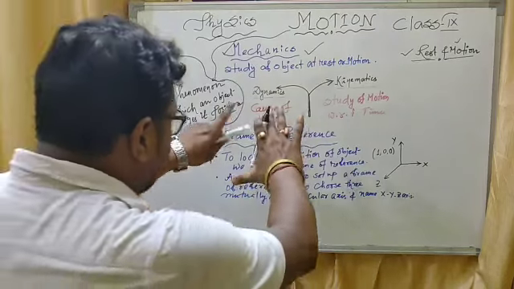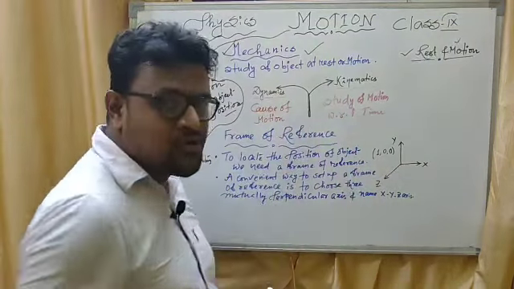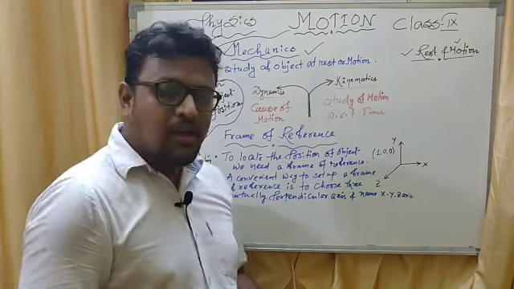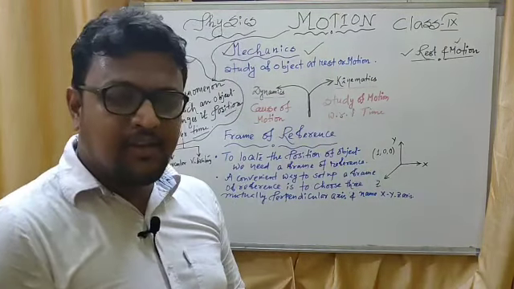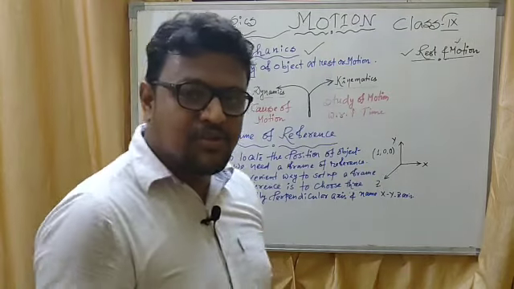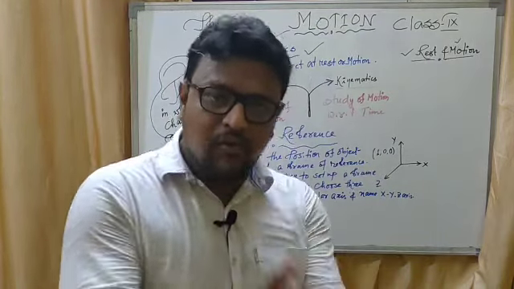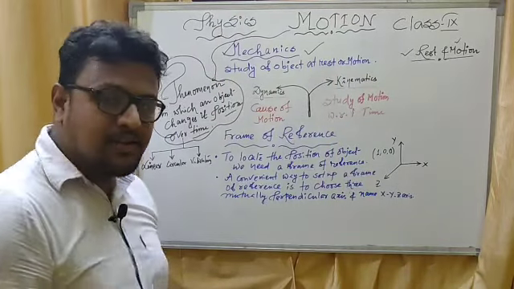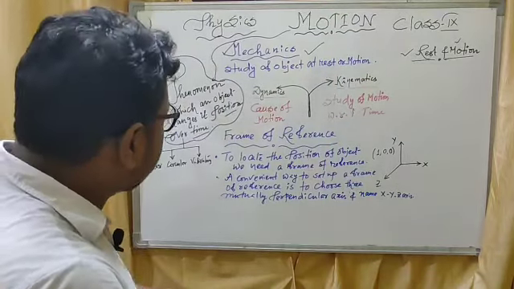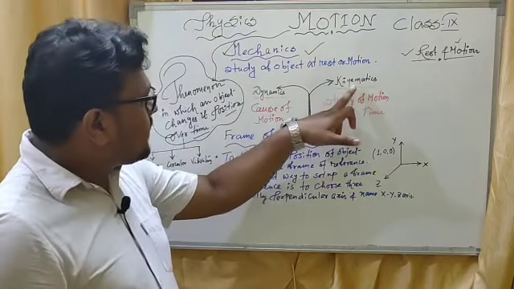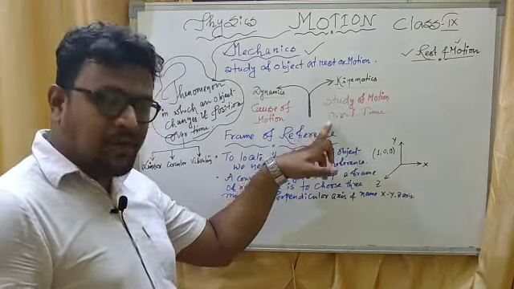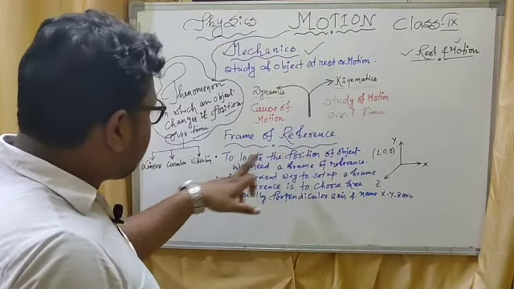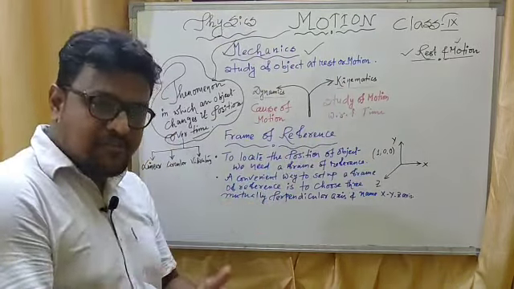So we learned this introduction of the chapter. Motion means a phenomenon when an object changes its position from rest to the moving one, and it can be divided into two parts. One is dynamics and another is kinematics. Dynamics means the cause of motion, kinematics means the study of motion with respect to time. Frame of reference means that to locate the position of an object, we need a reference point.